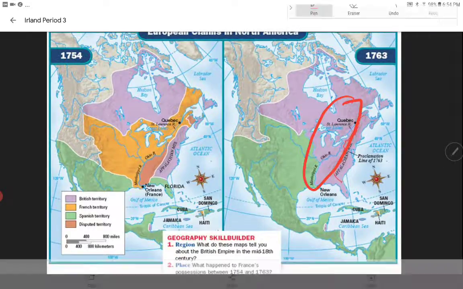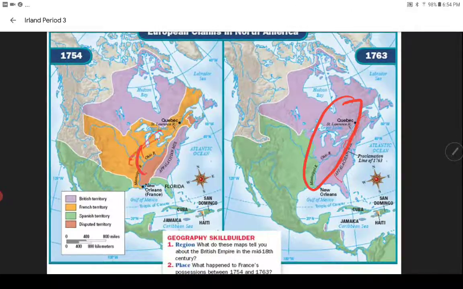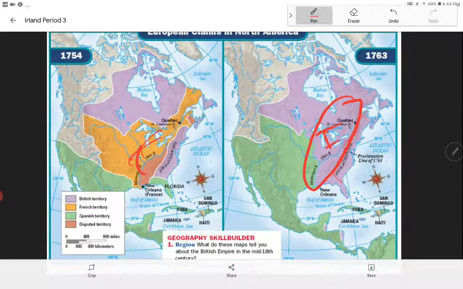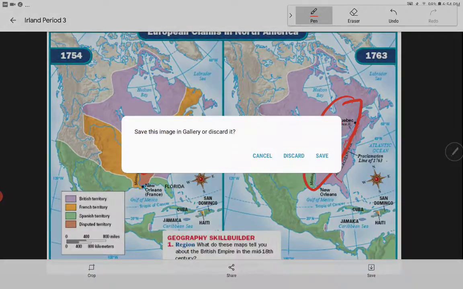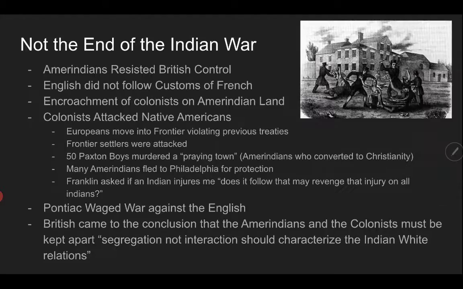And I love this map because they don't even mention them in the French and Indian War. Oh, look, the French are gone. Who are still there? The Indians, right? Who did not sign the Treaty of Paris? The Indians. And so what's going to happen is after the French leave, the Indians are essentially going to continue fighting.